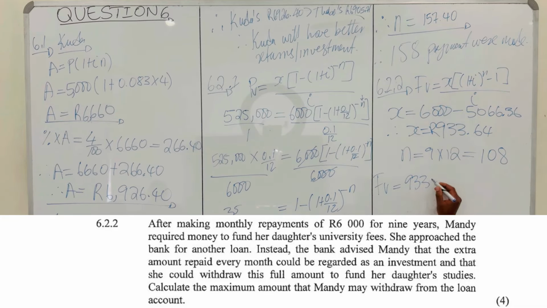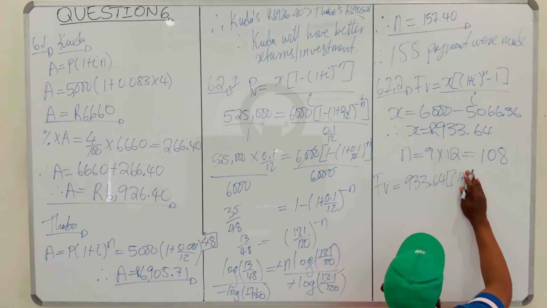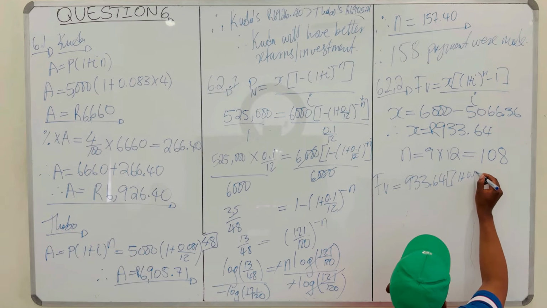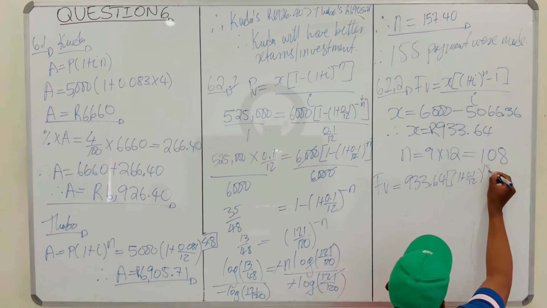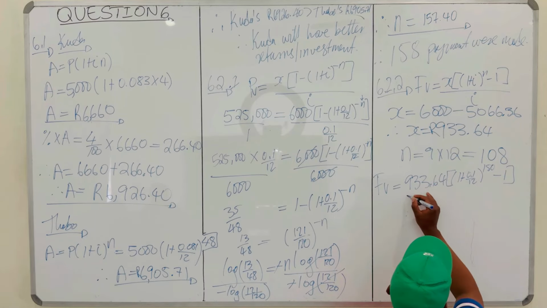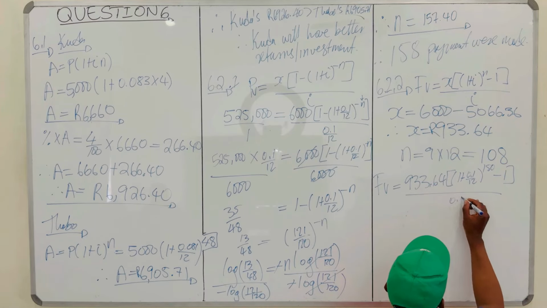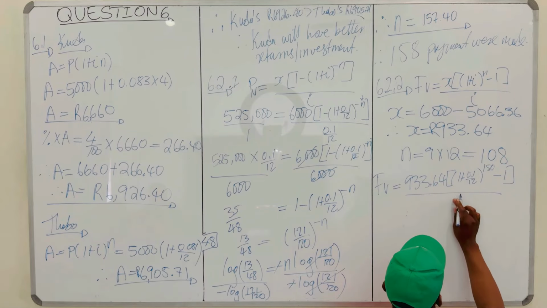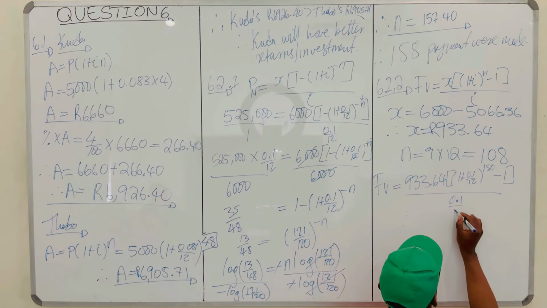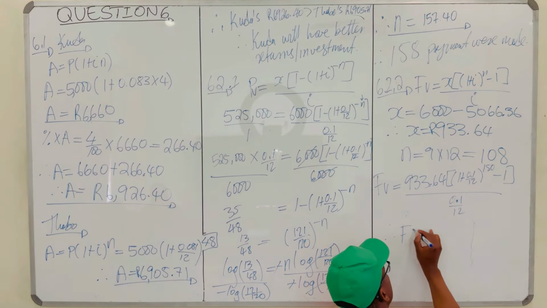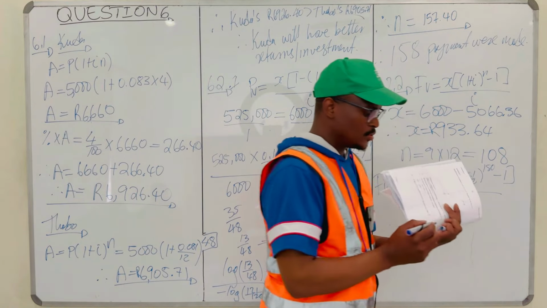So our future value is equal to 933.64 times (1 plus i), where i is 0.1 over 12, raised to 108 payments, minus 1, all over 0.1 over 12. Therefore, the future value is the answer to this.